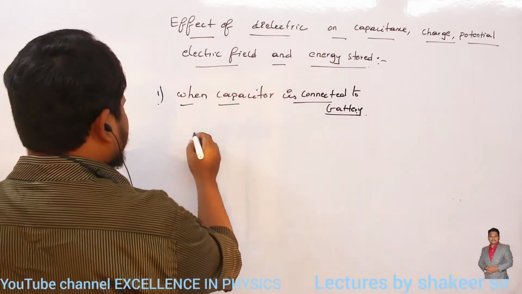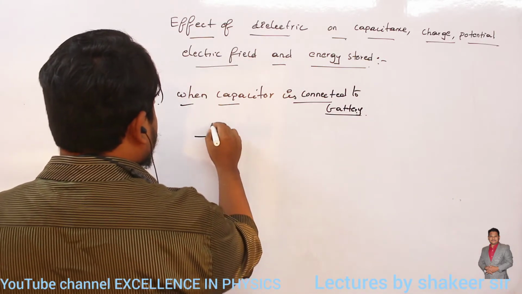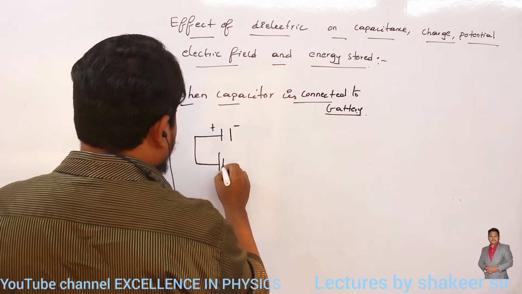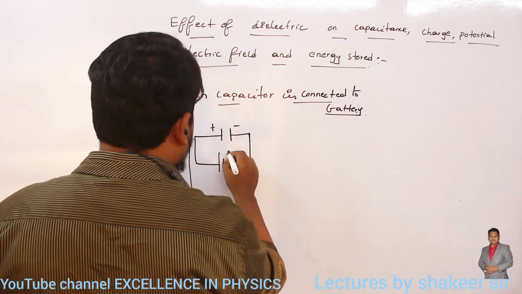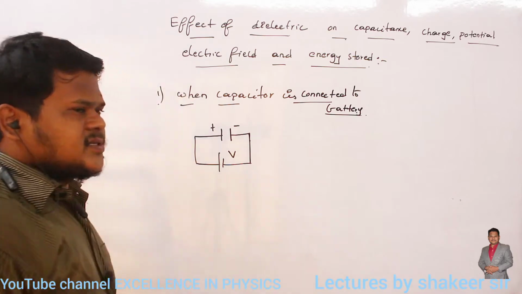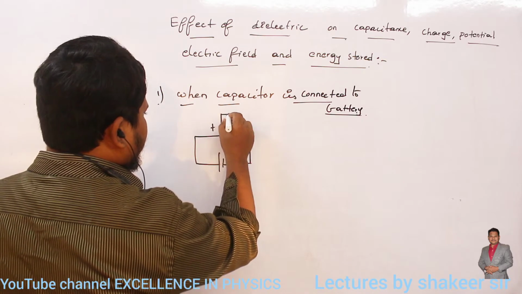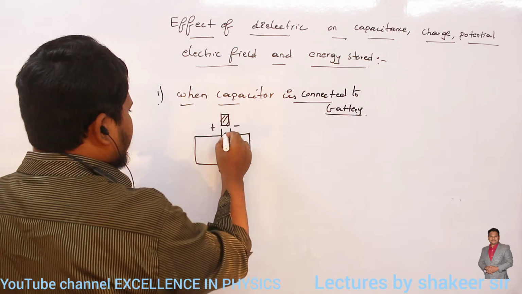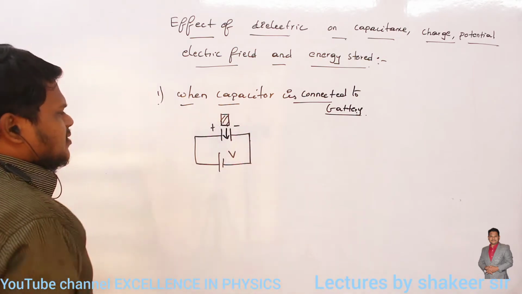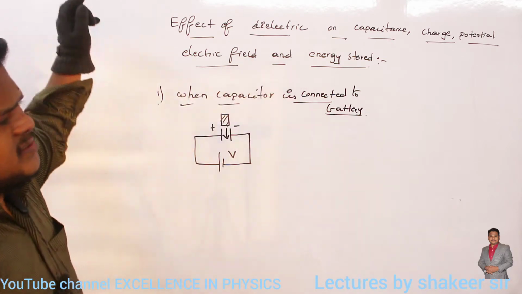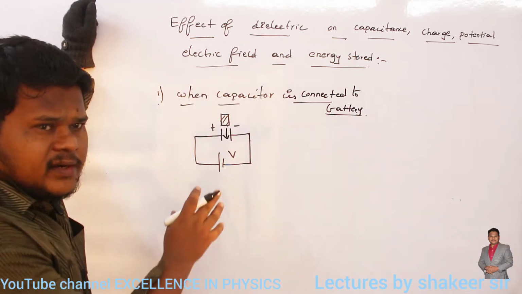It means that this is the capacitor, this is the positively charged plate and this is the negatively charged plate. A battery is always present in connection whose potential difference is V. Now we are taking a dielectric and inserting it in between the gap of these plates. Then what happens to the different parameters that we are going to study when the battery is in connection?